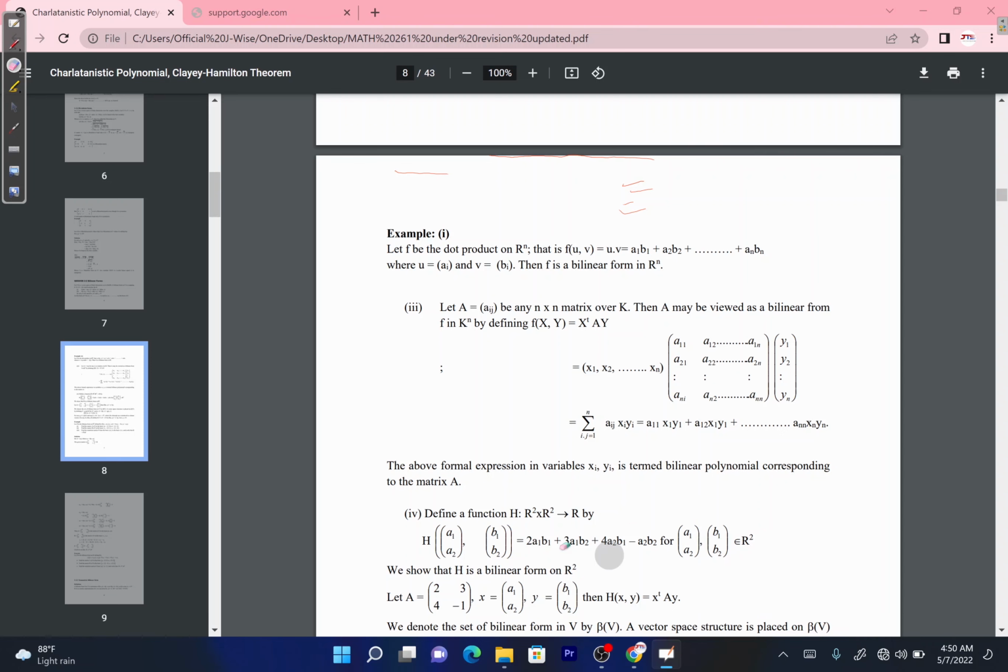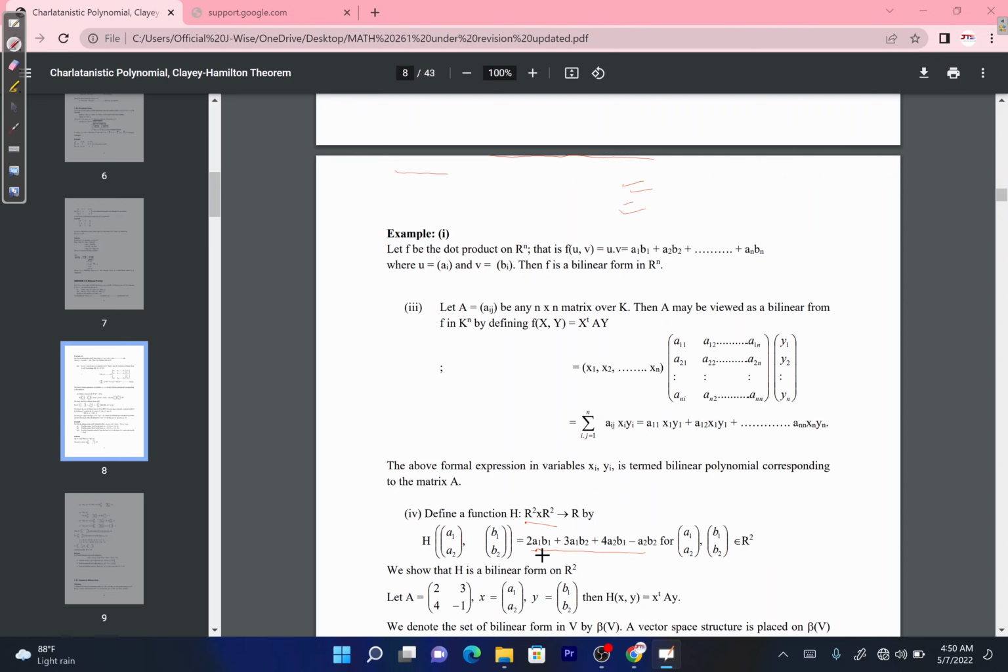Now let's look at this example. When you have f of two vectors of 2 dimension, a1 a2 and b1 b2 equals this, you can write it in the form of a matrix. The coefficient of a1 b1 is 2.